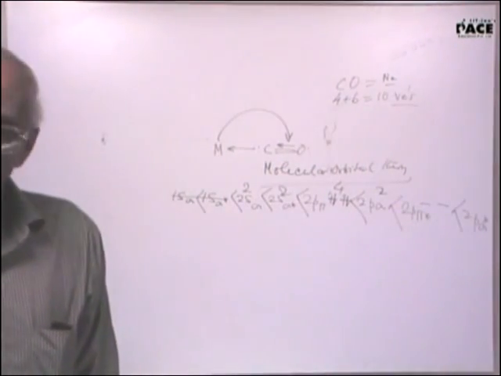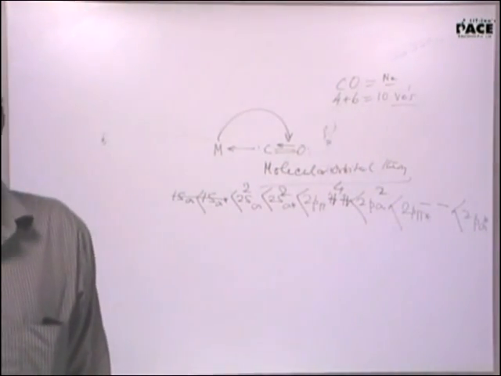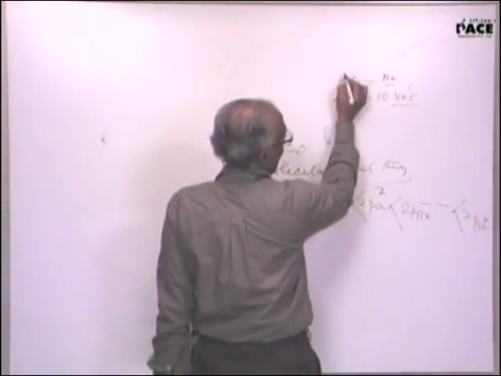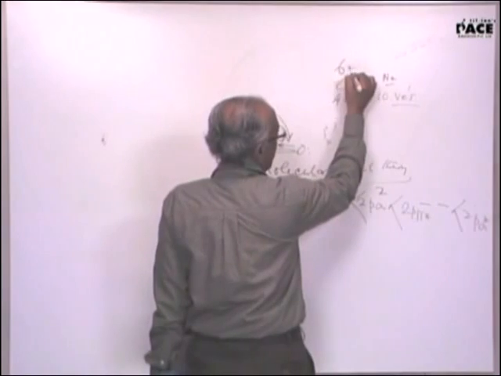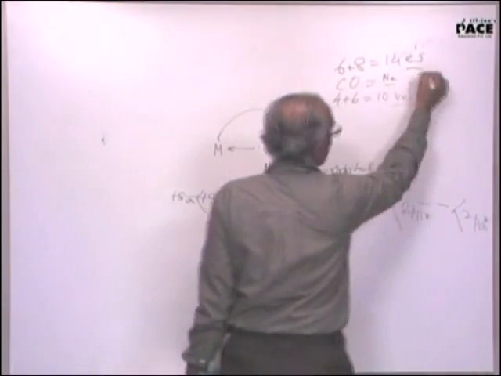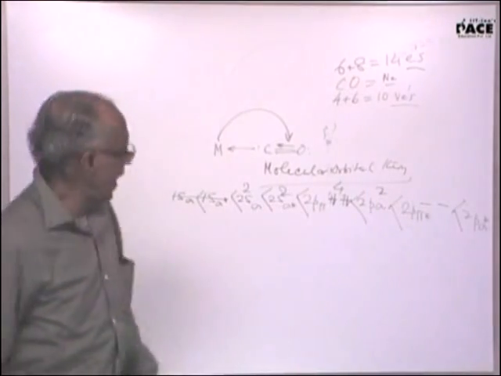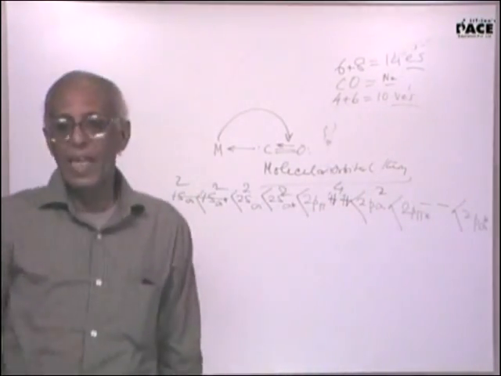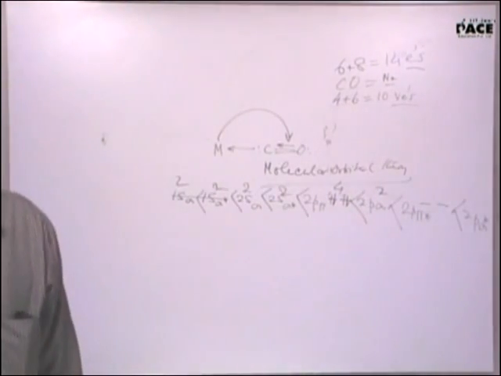Now if you take the total number of electrons, carbon has atomic number 6, oxygen has atomic number 8, 14 electrons. Then I start from 1s sigma star. So when I take the total electrons, I start from 1s.